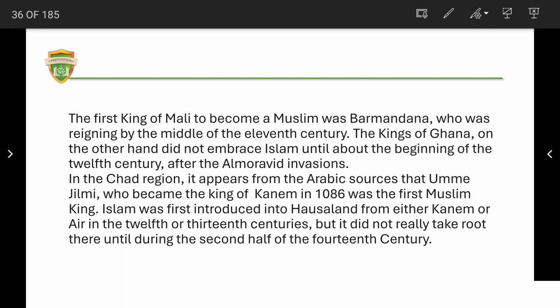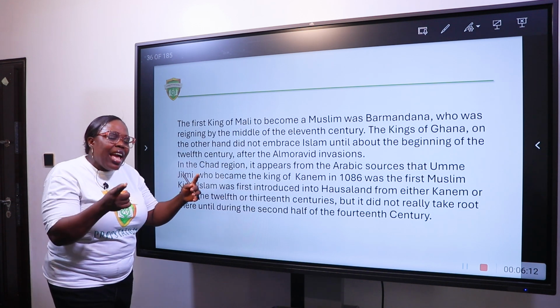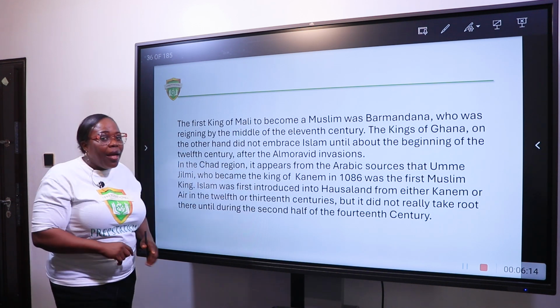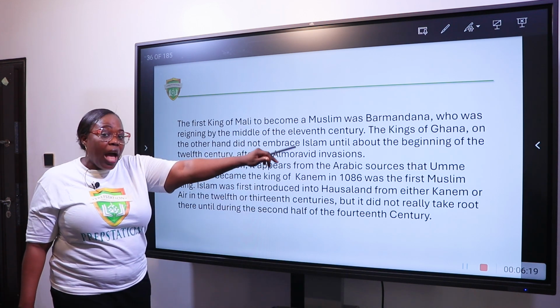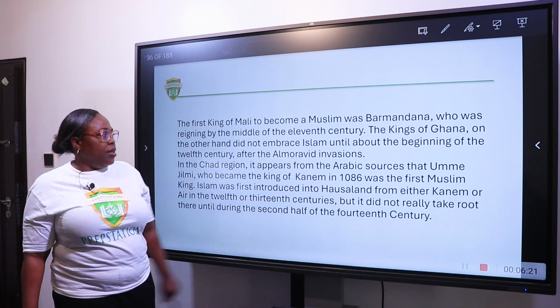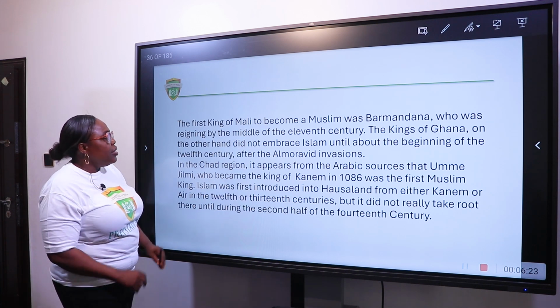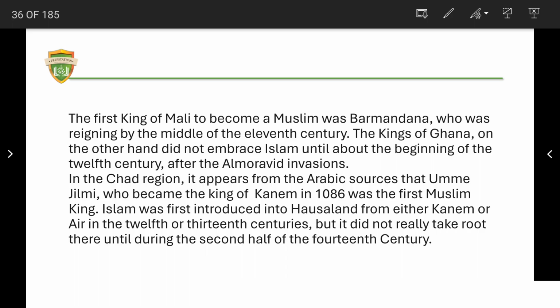It says the kings of Ghana, the old Ghana Empire, on the other hand, did not embrace Islam until about the beginning of the 12th century, after the Almoravid invasions.